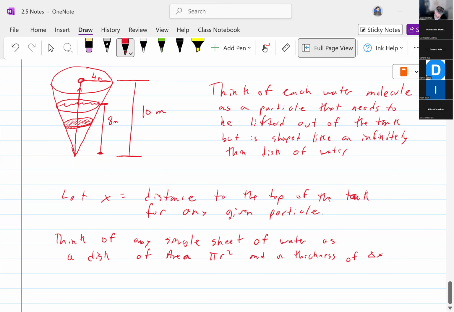So this disk here has a volume of pi r squared delta x.